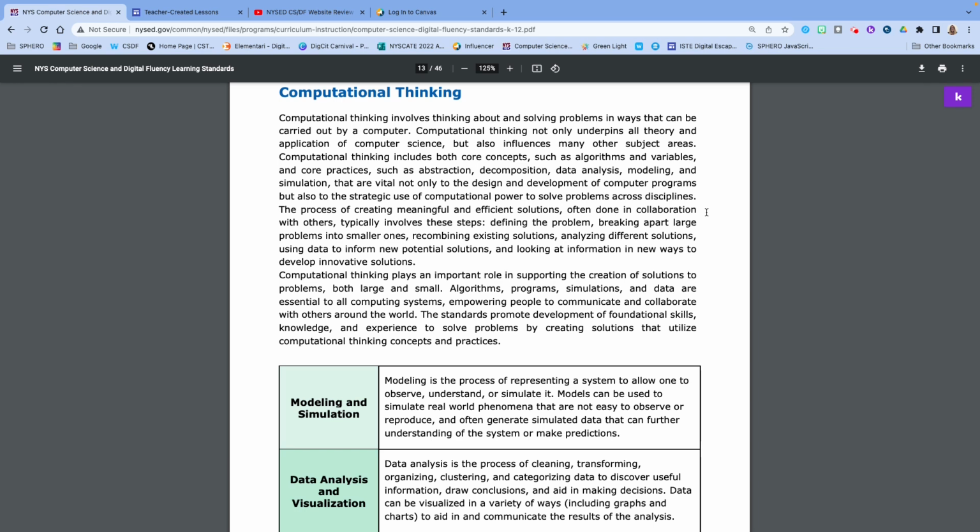So that's abstraction. We can definitely abstract in English class where we're pulling apart our essay and making sure we're only using the words that are going to make it easier for the reader to understand, versus all the extra parts that maybe aren't needed. We're going to be talking about decomposition, which again, if you're looking at a paragraph that an author wrote, you might break apart or annotate that paragraph when you're thinking about the important parts, like the thesis statement, the key idea, the main idea, or the character traits.